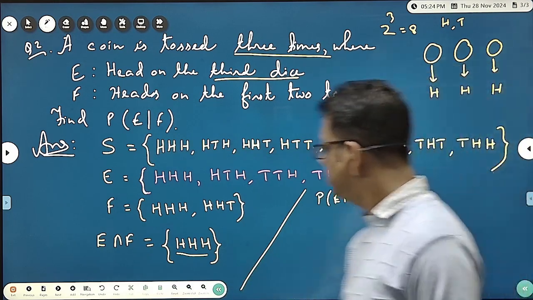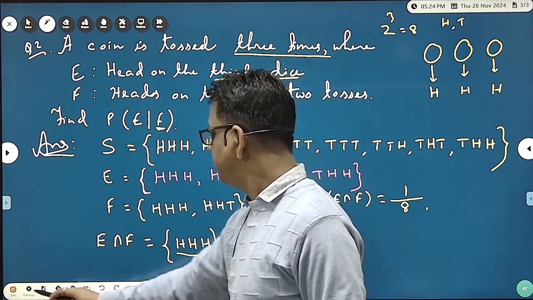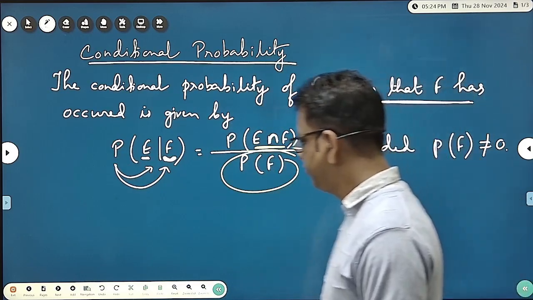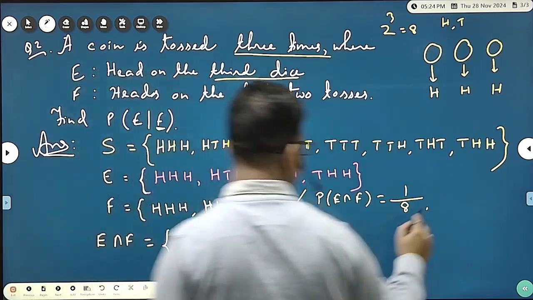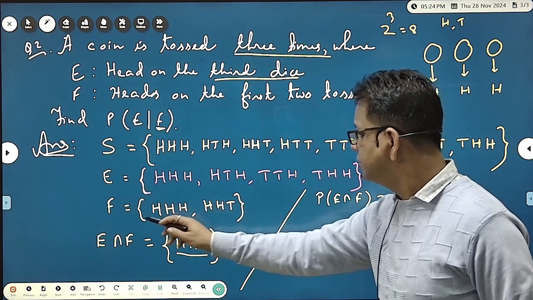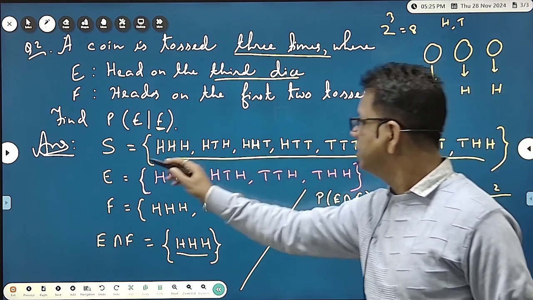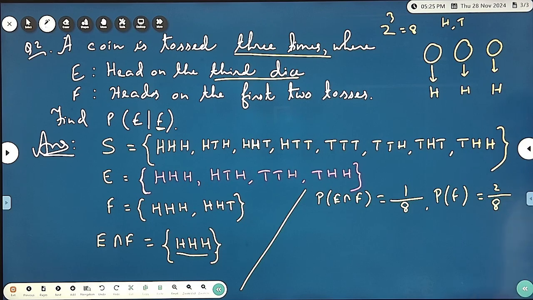Since it is probability of E conditioned on F, we should have the denominator P of F. So let us find the probability of getting F. In F, how many outcomes? 2. 2 by total, as you know, total there are 8 outcomes, because the total outcome we always take from the possible outcome sample space.